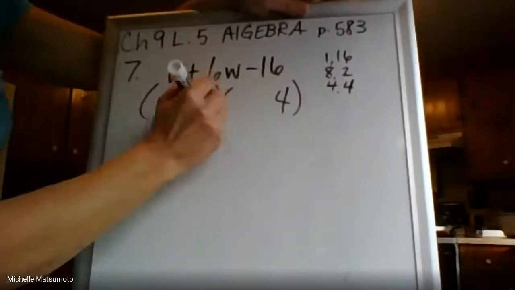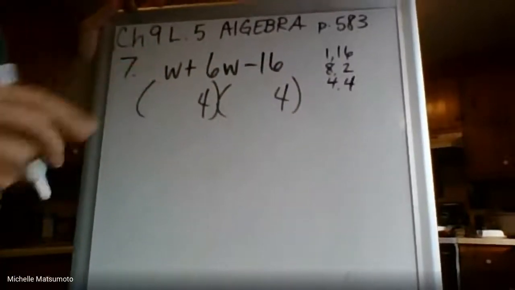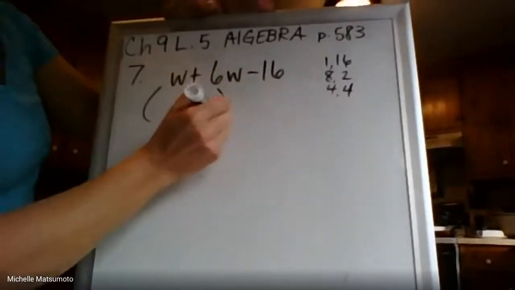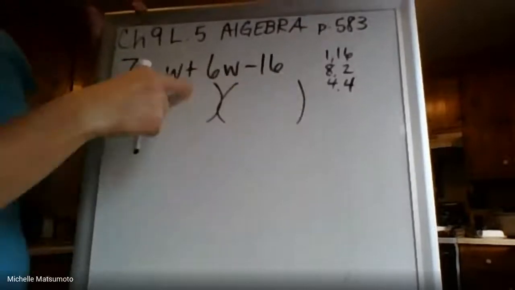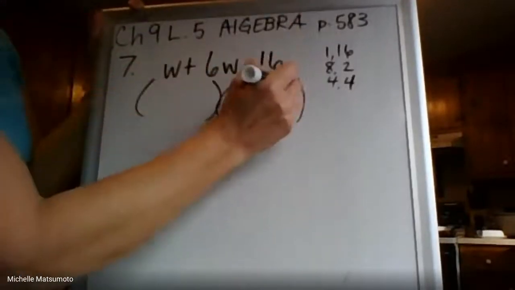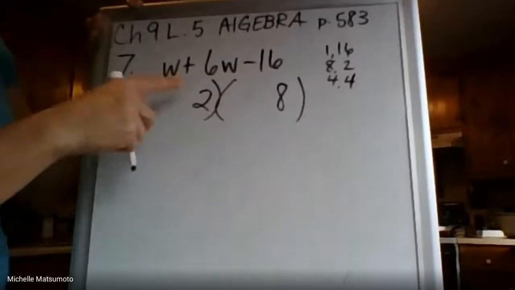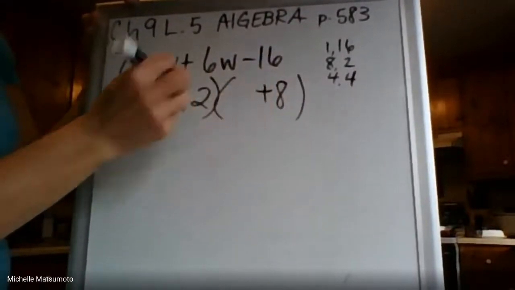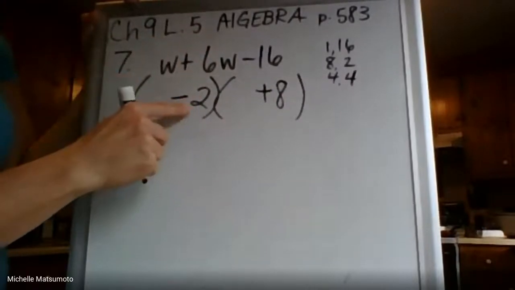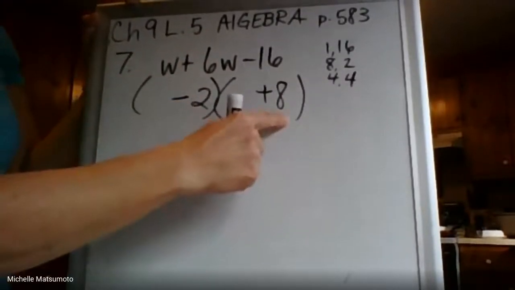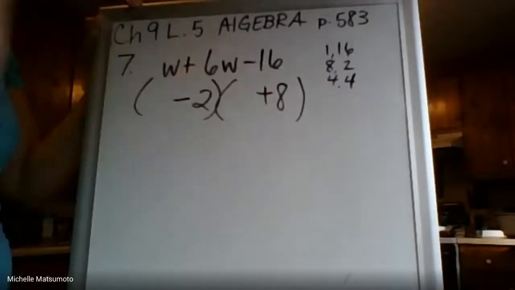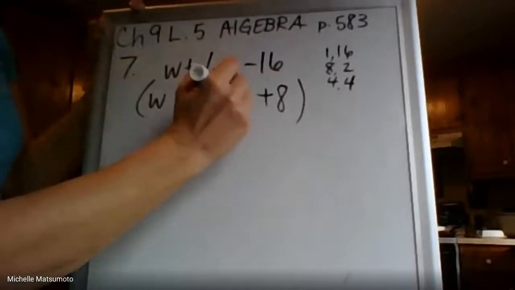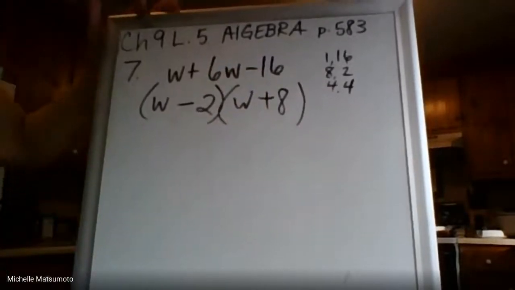Okay, 4 and 4 will not give me 6. 2 and 8 will give me 6. So positive 6. So I know a positive 8 and a negative 2 will give me 6. And then when I multiply a negative 2 and a positive 8, I'll get that negative 16. I forgot to mention that in problem 6. So then I put my w's here, and I've got my answer.